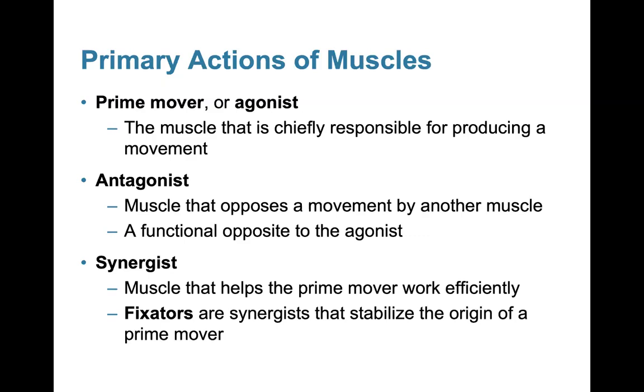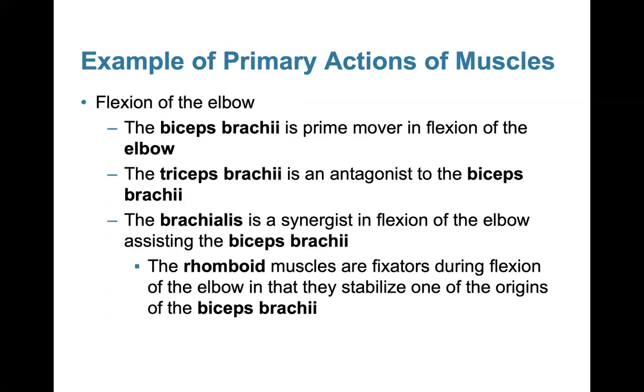A synergist is a muscle that helps the prime mover work efficiently. Fixators are synergists that stabilize the origin of the prime mover. Flexion at the elbow: the biceps brachii is the prime mover in flexion of the elbow.